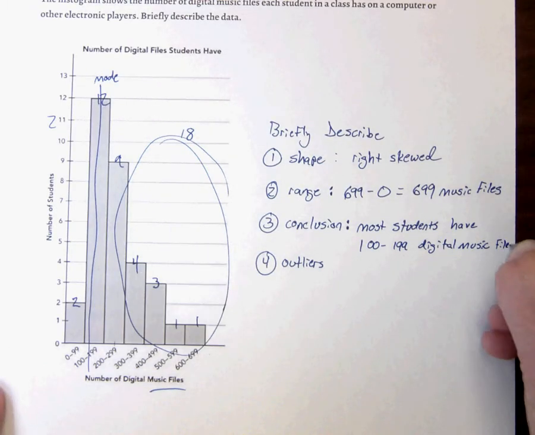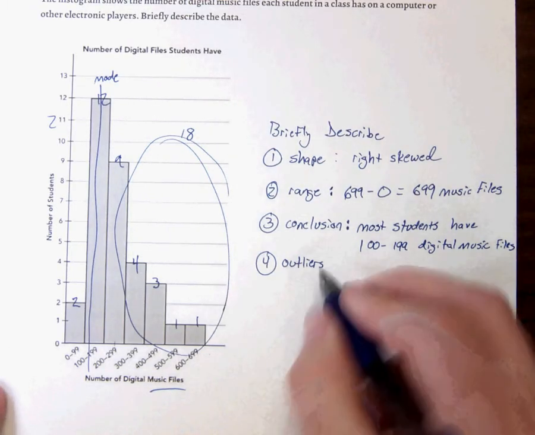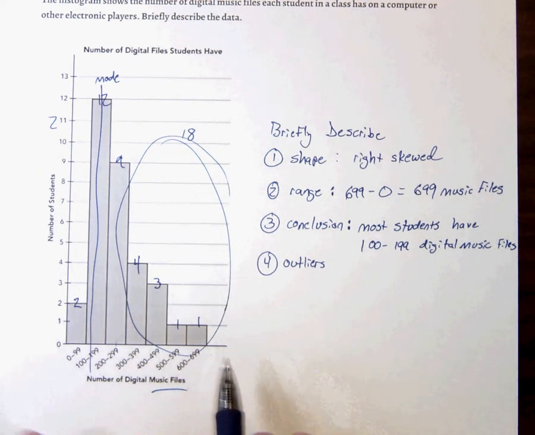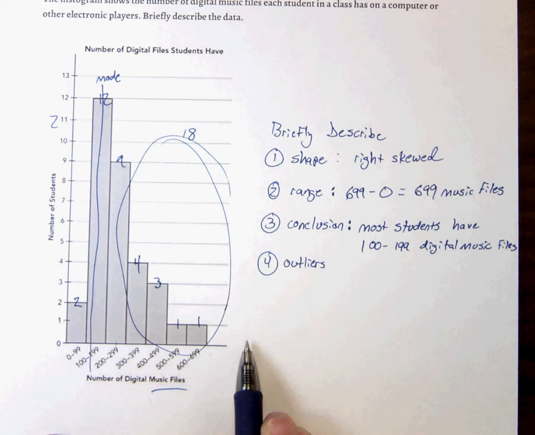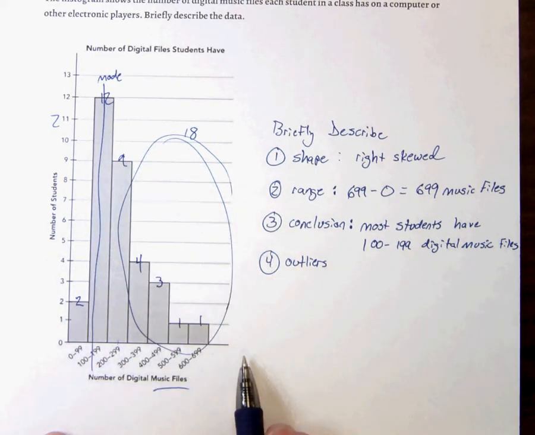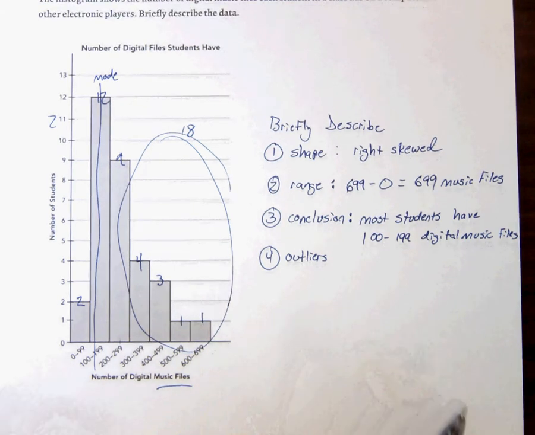Alright, outliers. Is there anything else or any data that doesn't fit? No. Everything fits. See how it's all connected? So, there's nothing that seems extreme or just out of place.